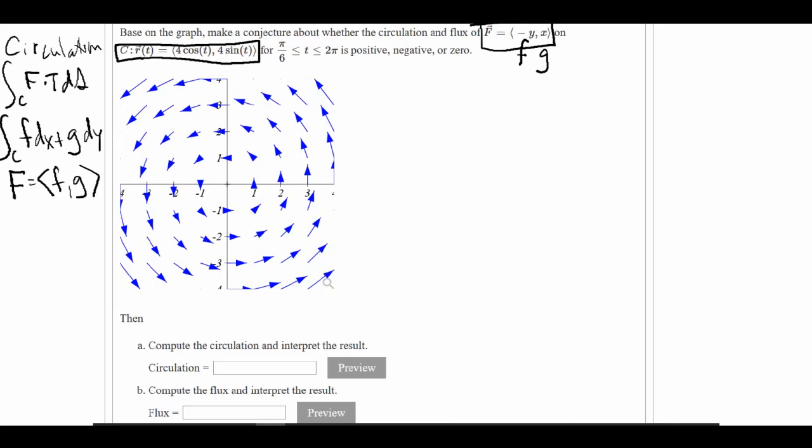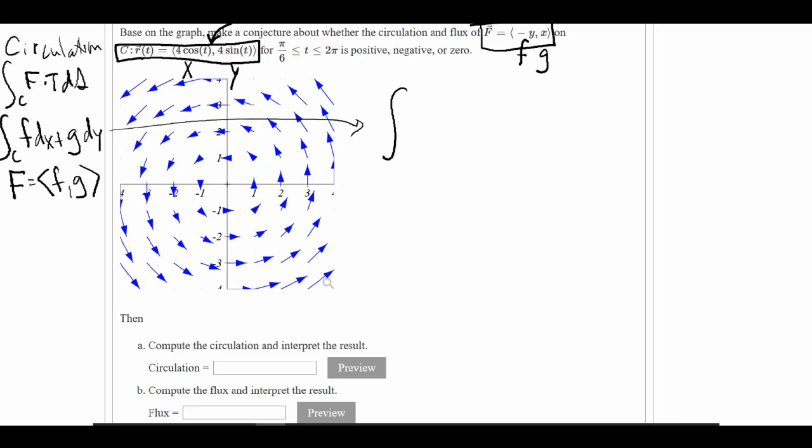However, we're going to get the values of y and x from the curve. So the first component would be x and the second component would be y. So here is what our integral looks like. We're going to have f, which is negative y, which y is 4 sine t.